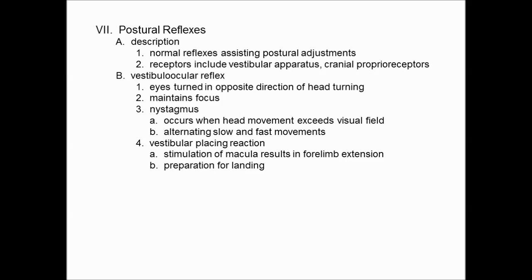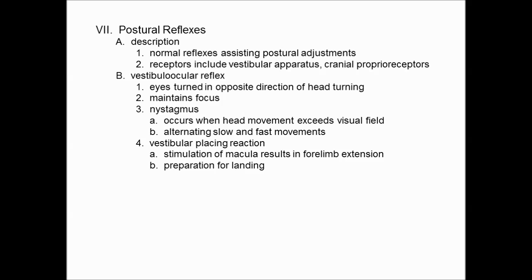The first and simplest is when you look at something and turn your head, you maintain focus on that object by a reflex that senses the motion of your head and moves your eyes in the opposite way, so you can maintain that object in focus.